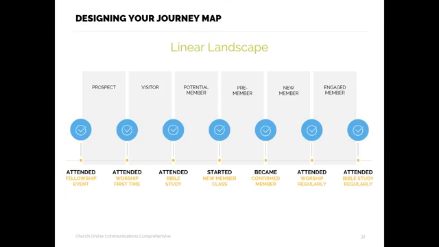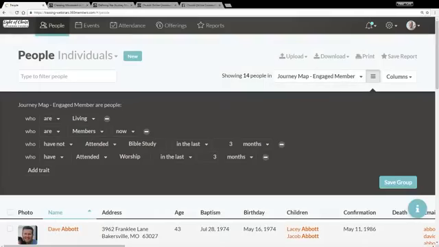In the far end, we have attended Bible study regularly. That stage before that is that they've attended worship regularly. And so they're going from a new member to engaged member. So in fact, I already named that wrong as I say this out loud. So engaged member is the group that we're looking at right now.